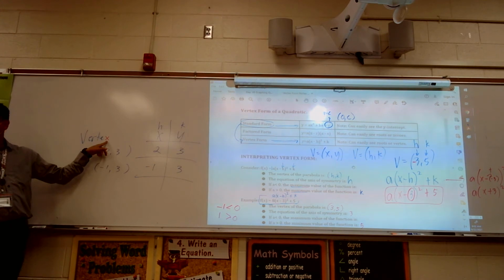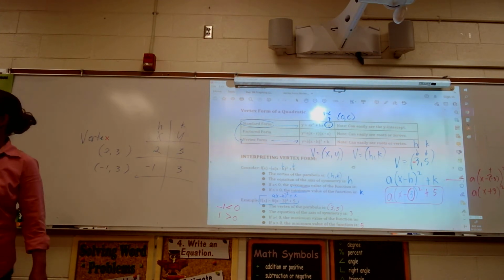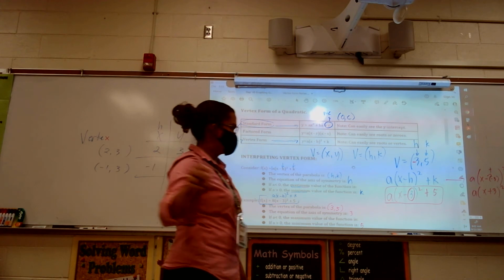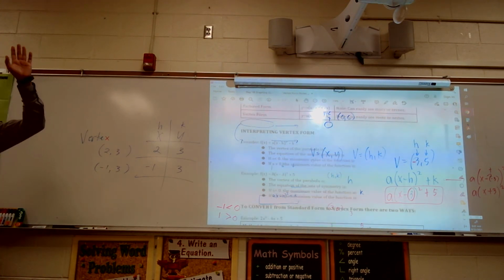Porque el valor del vertex se lo da X. Entonces, cuando ustedes tengan la palabra vertex, ya saben que está de color diferente, ahí está la respuesta, en el valor de X. ¿Listos? Are we good? Okay, ready? ¿Preguntas? No? Okay.